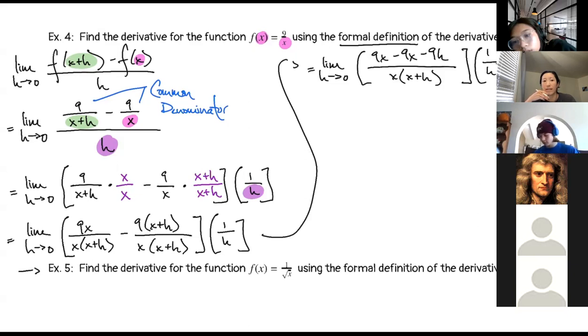Why would it be 9 times x plus h? I had one denominator that was x plus h, and then I had another denominator that was x. I didn't have any denominators with a 9. Yeah. Okay.